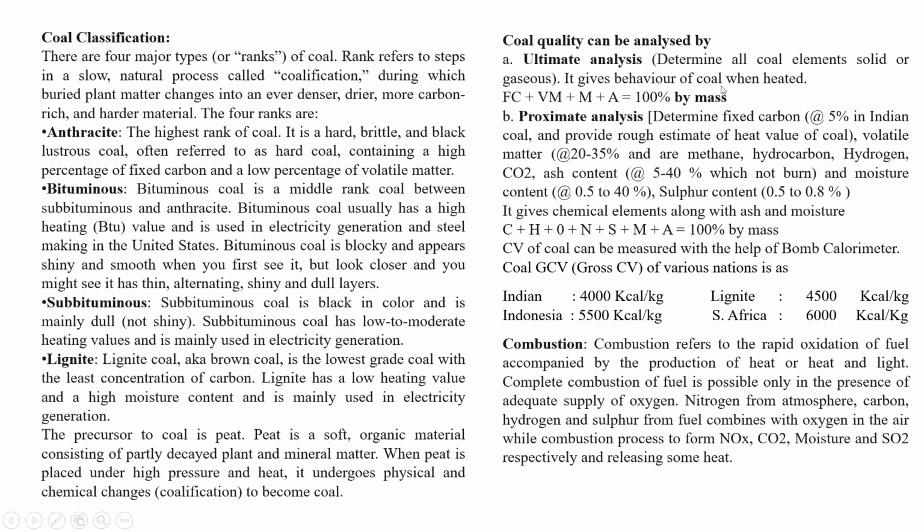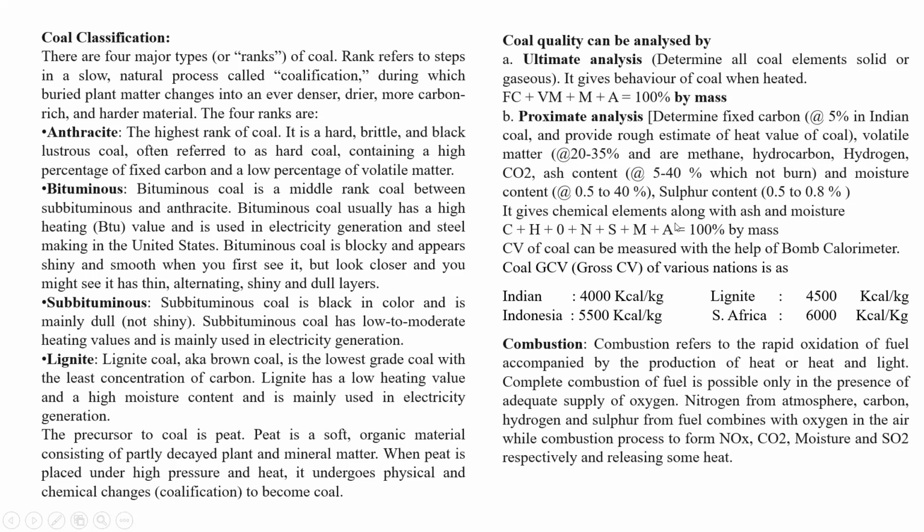in the coal. So in proximate analysis, you can say volatile matter determines fixed carbon, volatile matter, and methane, hydrocarbon, hydrogen, CO2, ash content, which is about 5 to 4% in Indian coal, and moisture content about 0.5 to 40%, sulfur content 0.5 to 8%.